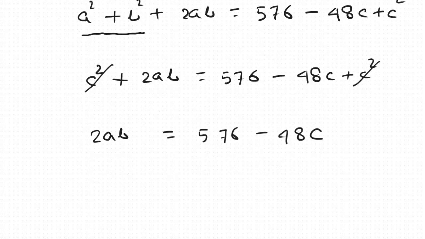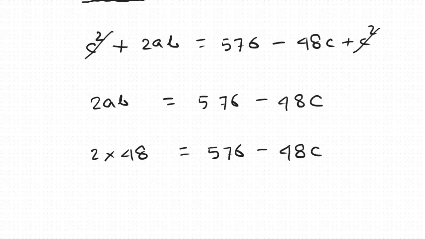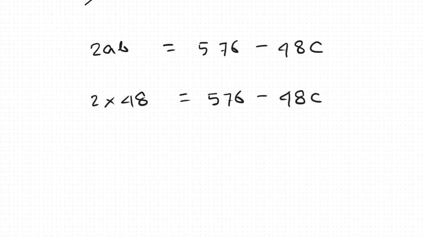So we can put the value of AB and write 2 times 48 equals 576 minus 48C. Then we get 96 equals 576 minus 48C.